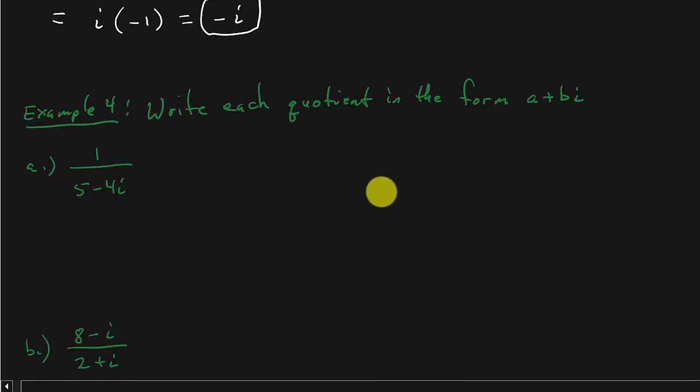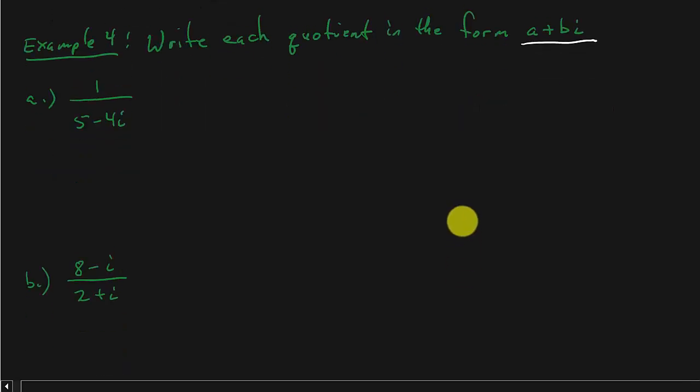Now let's look at these. Write each quotient in the form a plus bi. Before we get started on these, the first thing I want to point out is we want it in the form a plus bi, and the problem we have is this i down here in the denominator.